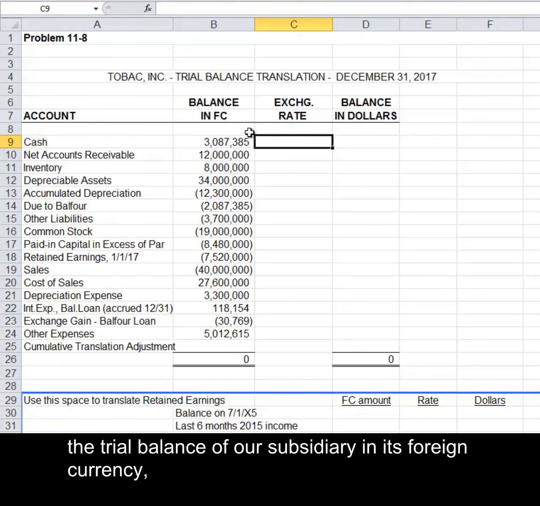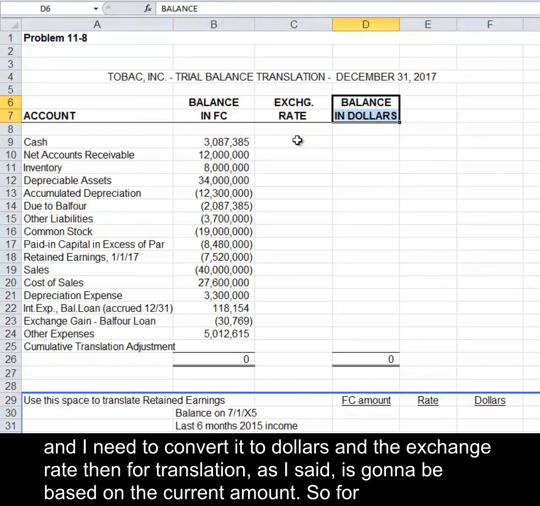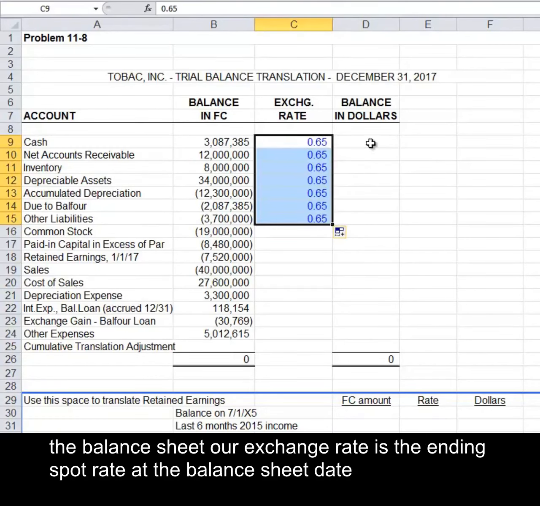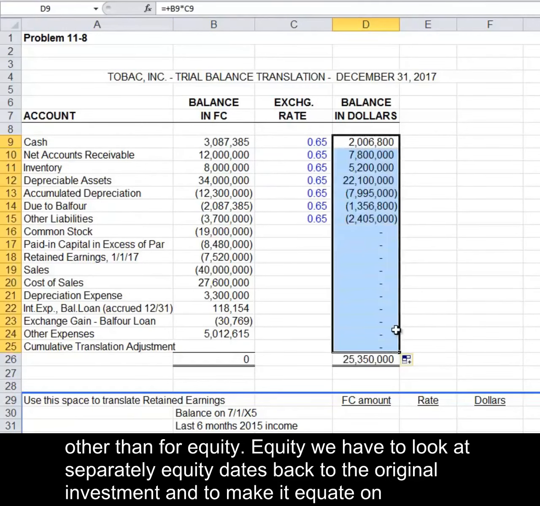So you'll see I have the trial balance of our subsidiary in its foreign currency, and I need to convert it to dollars. And the exchange rate for translation, as I said, is going to be based on the current amount. So for the balance sheet, our exchange rate is the ending spot rate at the balance sheet date, other than for equity.